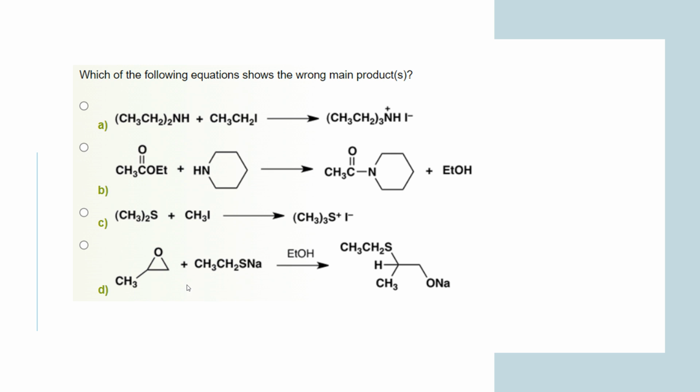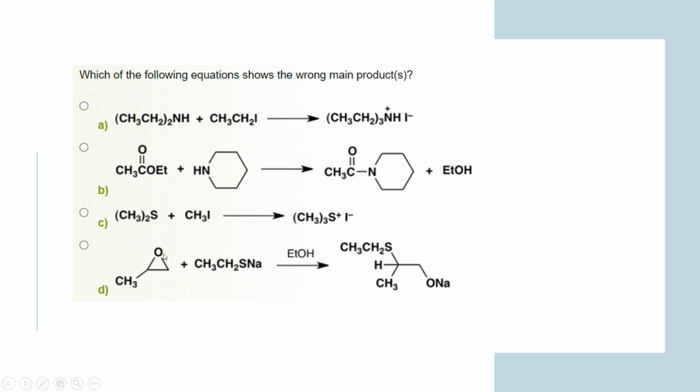Okay, so what we got, the alcohol is vicinal with this methyl. But in the product we can see that the alcohol, or whatever intermediate you get, O minus Na, is not vicinal with the methyl. Rather, they are showing you the product which you will get in acidic medium.